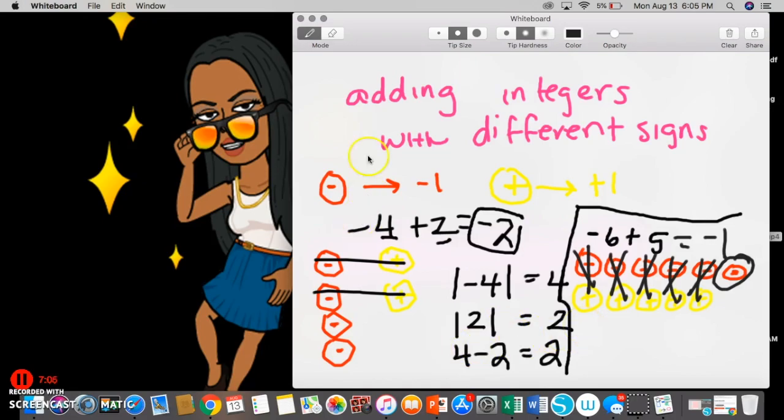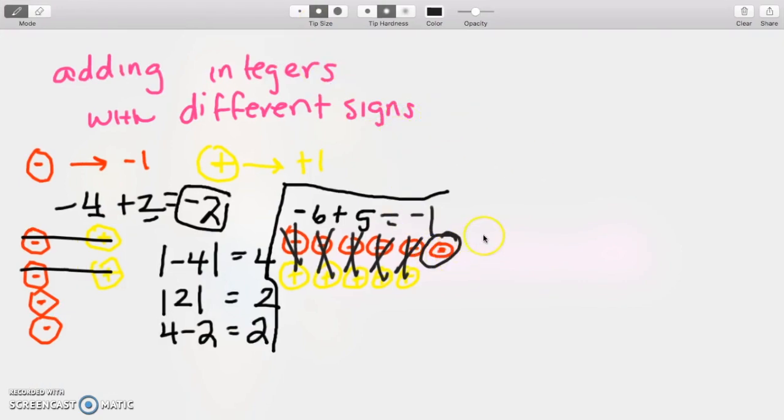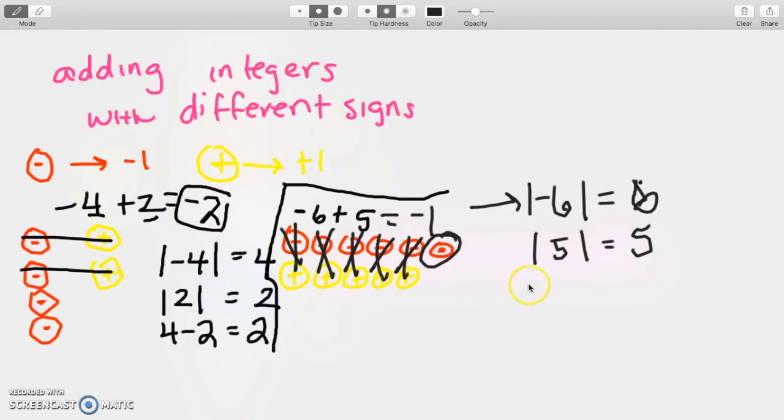So just to go back to the absolute value so that you can understand the rule as you go back to read your notes, it says to add integers with different signs, subtract their absolute values. So in this case, the absolute value of -6 is going to give me 6. The absolute value of 5 is going to give me 5.